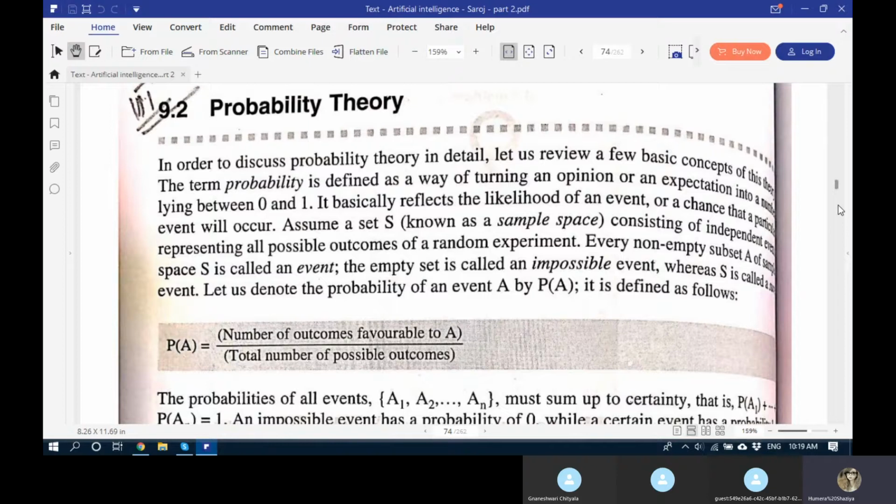And what we can say from the experience that it is an impossible event which has a probability 0 for the exams to be conducted during May. And it is a certain event that a probability of exams being conducted during July is 1.